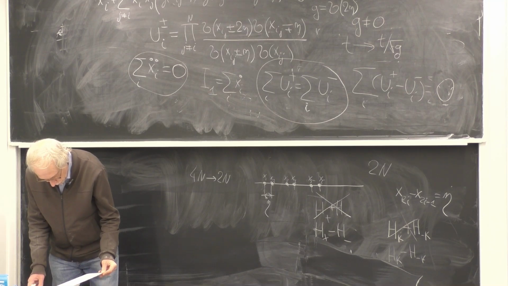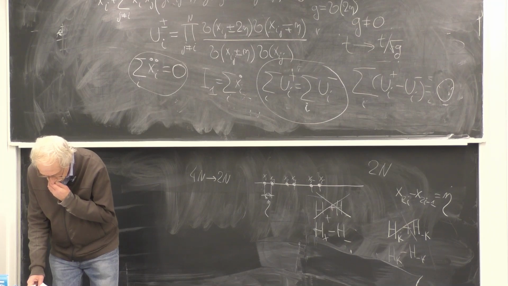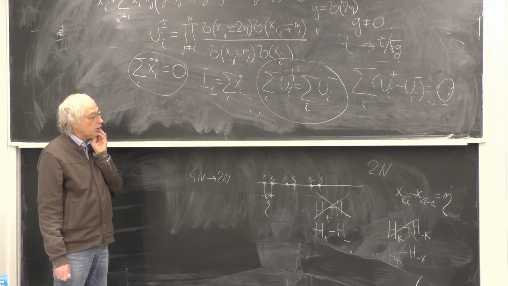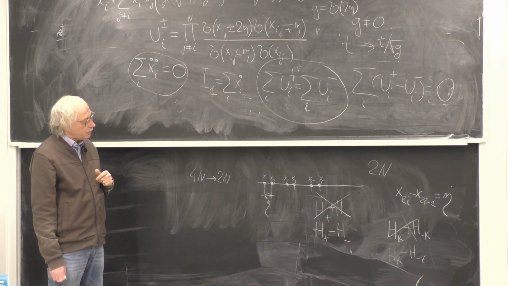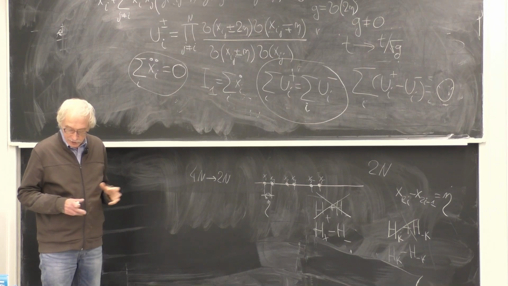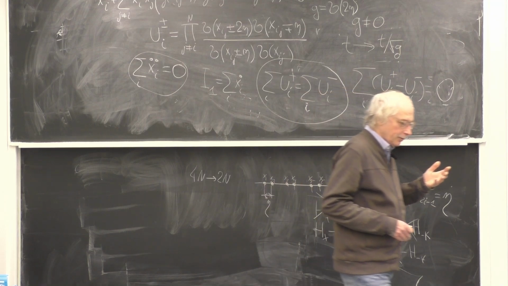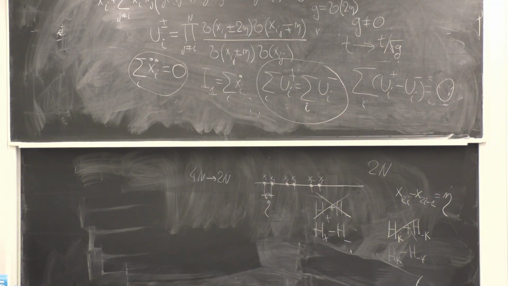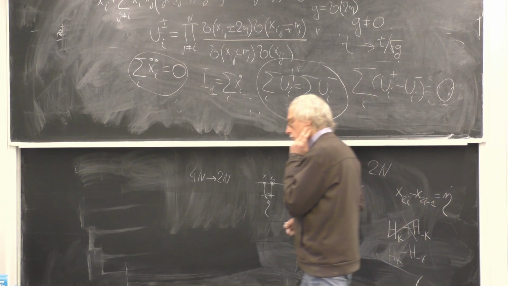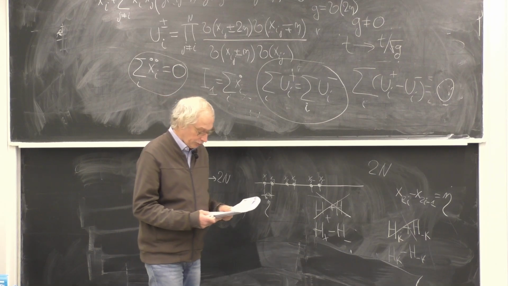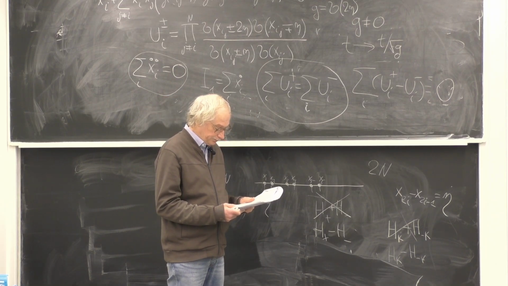I'm not sure that it makes sense to show you the proof because it's rather complicated. It will be in the written lecture notes, which will appear on the site. But now I will probably say only some words about this.